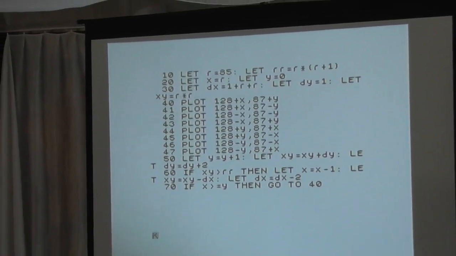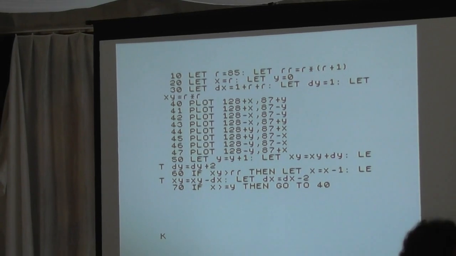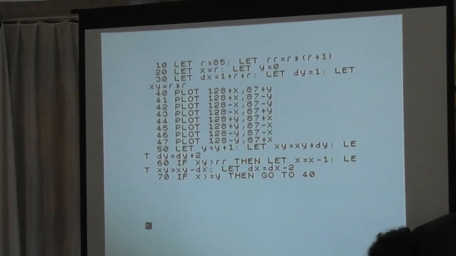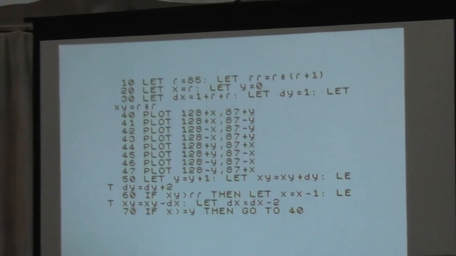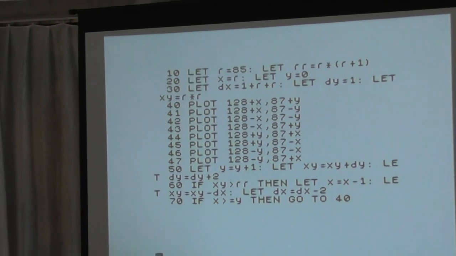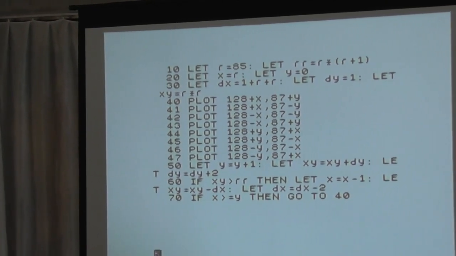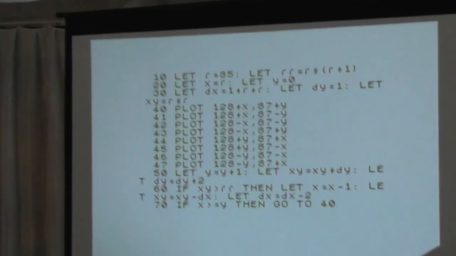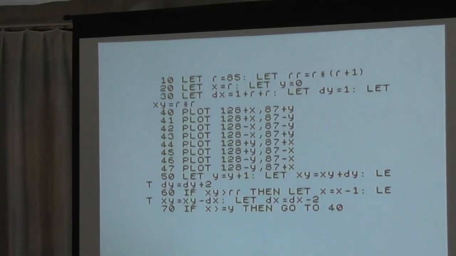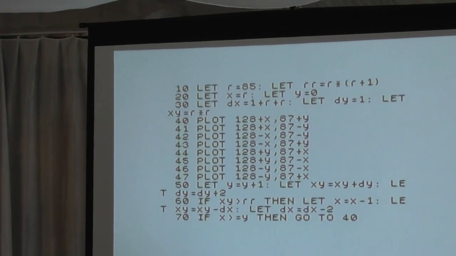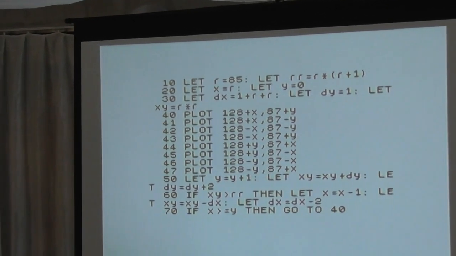Actually, we calculate the square of the radius plus 0.5 because we want to draw in the middle of the pixel rather than at the edge of the pixel. Apart from that, all you can see in this algorithm is additions and subtractions, which are fairly fast in BASIC and even faster in machine code. So this is a fairly fast algorithm.